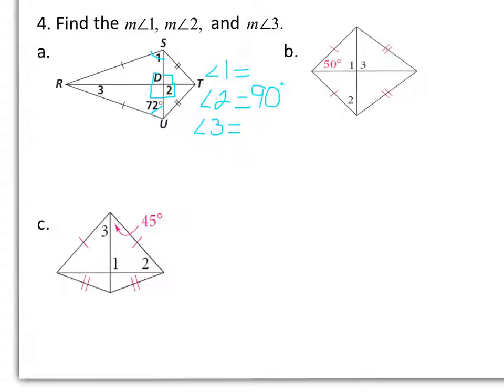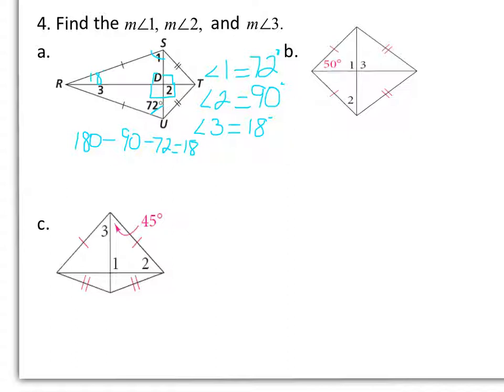So angle 1 is also 72 degrees. Now to find angle 3, it's in triangle RDU. So if I take 180 minus 90 and minus 72, I get 18. So angle 3 is 18 degrees. That would also make this angle 18 degrees as well.